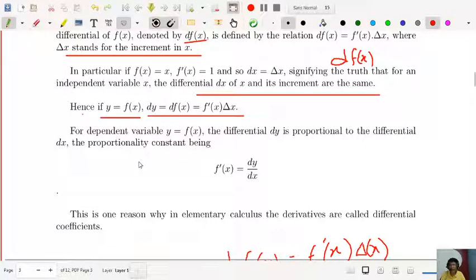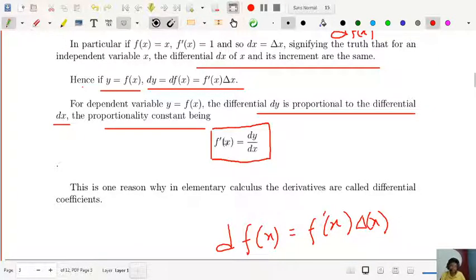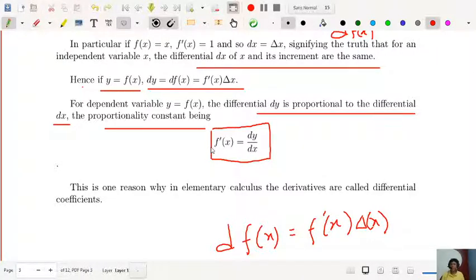And for dependent variable y equal to f(x), the differential dy is proportional to the differential dx, and the proportionality constant being f dash x equals dy by dx. That is why we know that f dash x is dy by dx. Okay, so that is the concept of the differential.